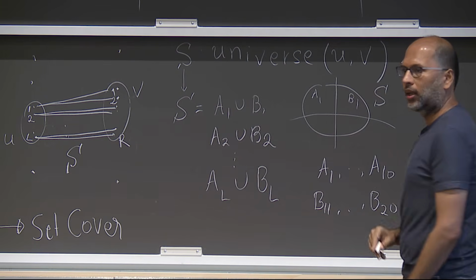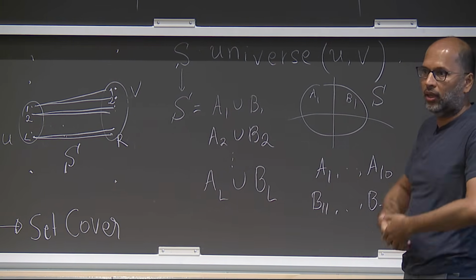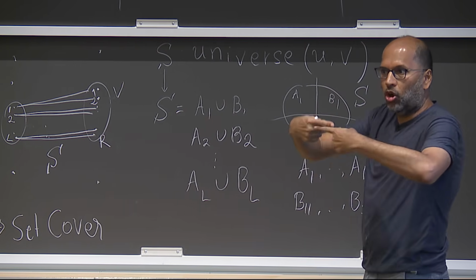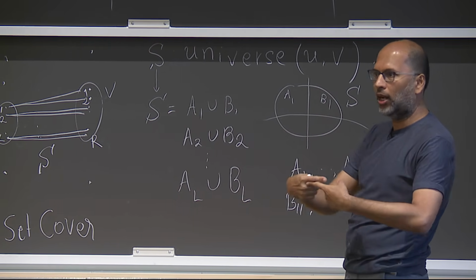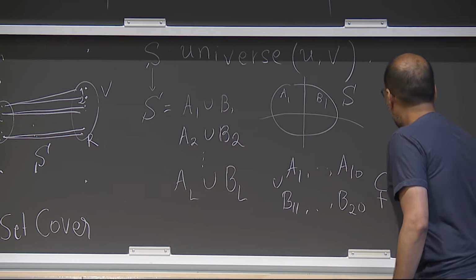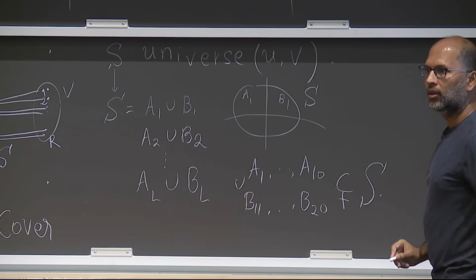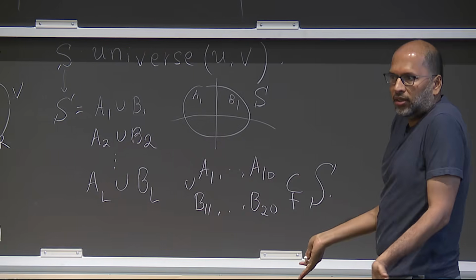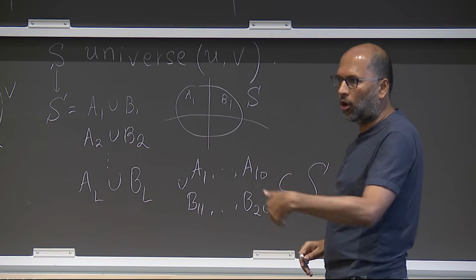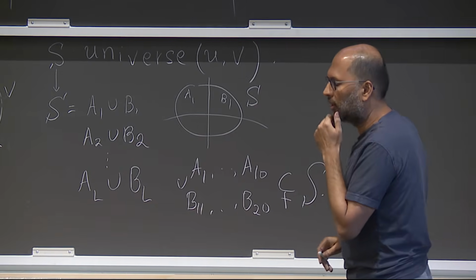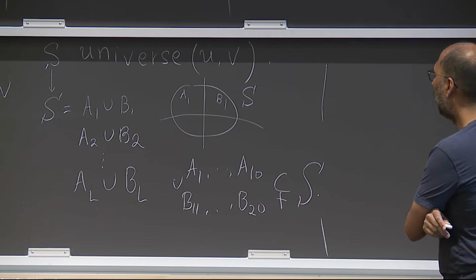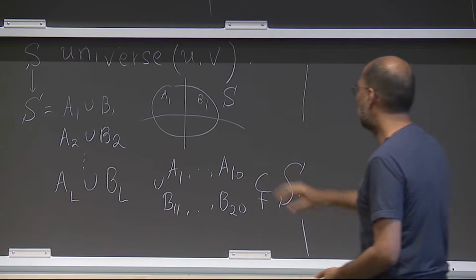Suppose you take, you are even allowed to take, instead of a pair, 10 from each side. It's just that none of the pairs is matching. Then even if you take their entire union, it still will not cover the universe. Okay? And you can construct such set systems. Just take it as a homework problem, to be solved in 5 minutes after the lecture. You can easily do this. And then that's it. You use this as a gadget.